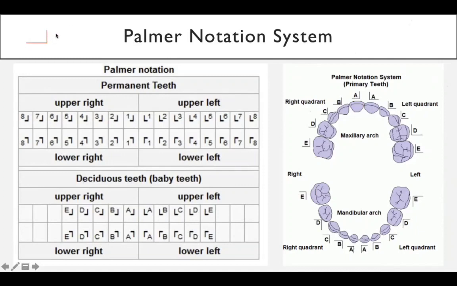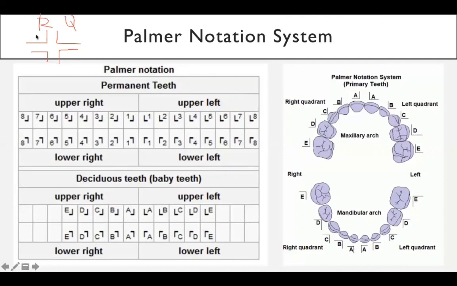Another way of remembering this is, we have four notations like this, and then this and this. So these are the right quadrants, and these are the left quadrants.